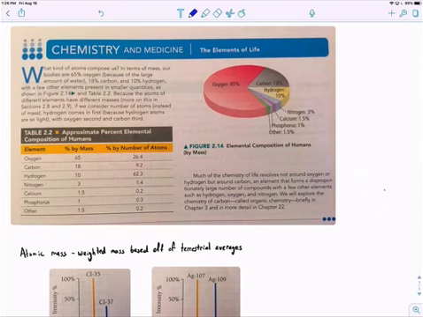Why is this not surprising? Because we have a lot of water. So much of the mass of our body is from good old H2O water, so it's not surprising that you see that. And we're known as carbon-based life forms, but you can see that we're only about 20% carbon by mass and 10% by atom.